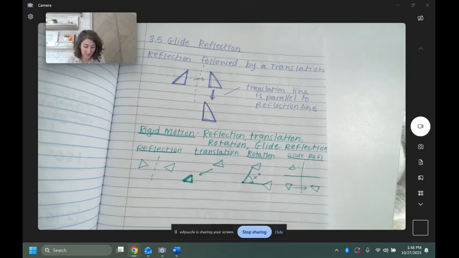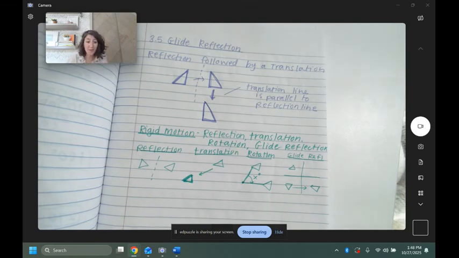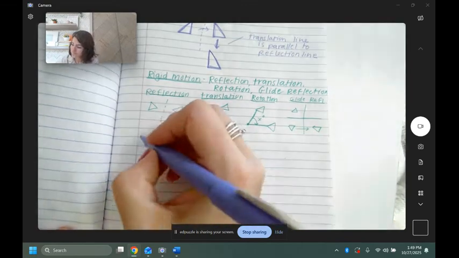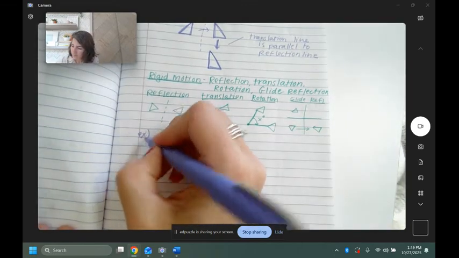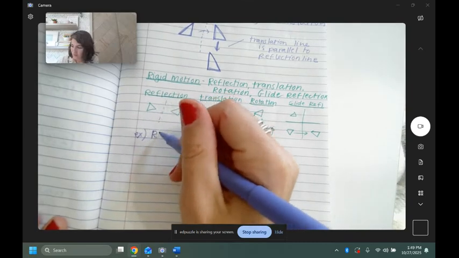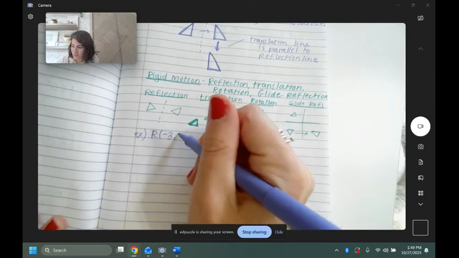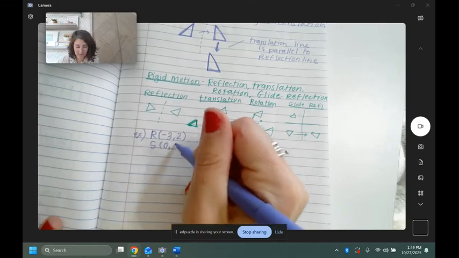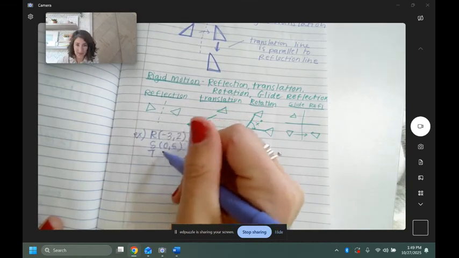Now, let's see what this would look like in symbols and with a graph. So let's take a look at a quadrilateral RSTV. So R is at the point -3, 2. S is at 0, 5.